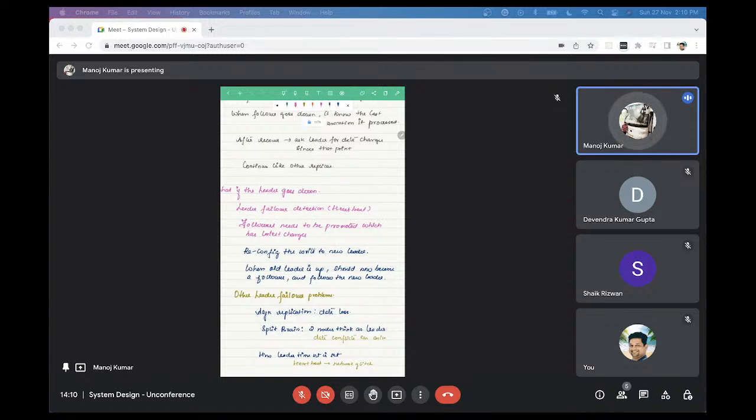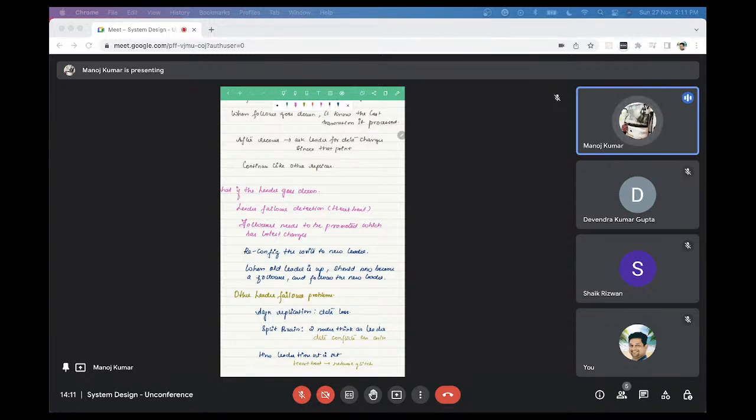Now let me speak about the split brain that we were discussing previously. Say there are two leaders now: one of the leaders went down and came back, and it believes that it is the leader.